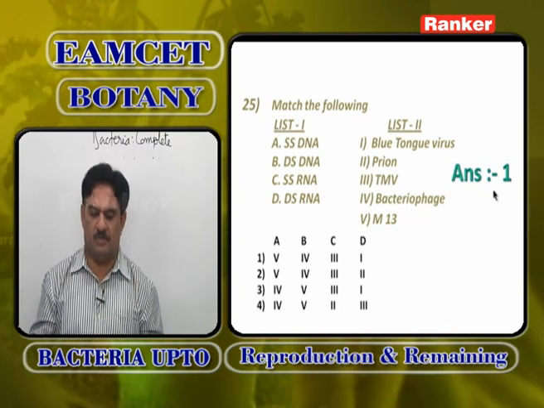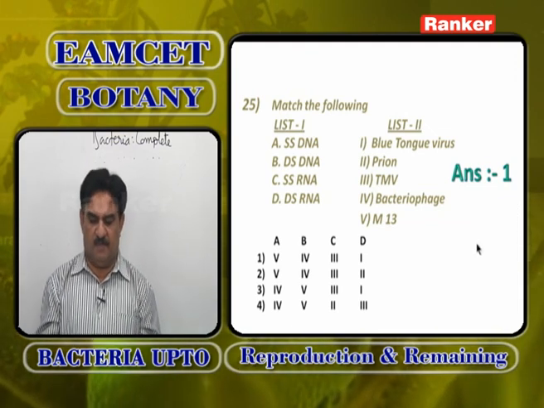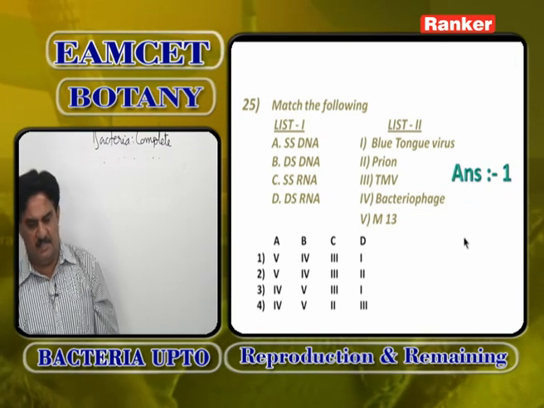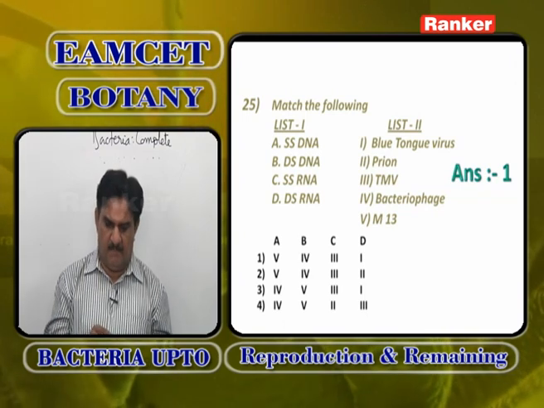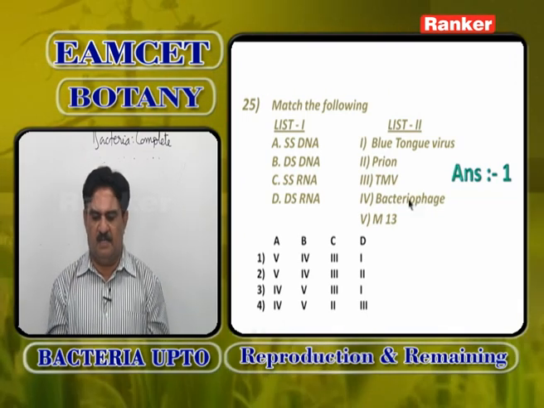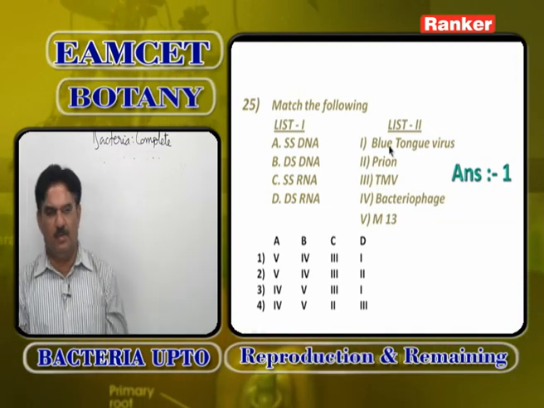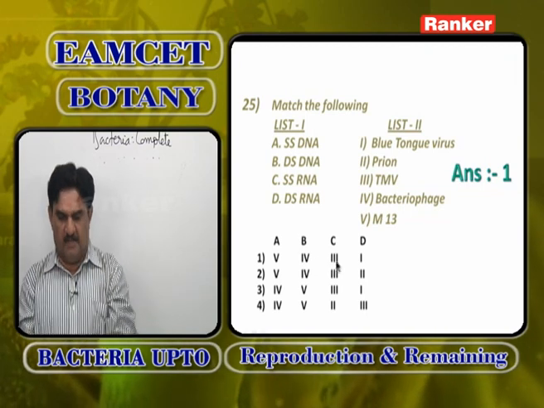Prion shows only capsid protein coat, it does not have any DNA, so no question of comparison with single stranded or double stranded, either RNA or DNA. So, single stranded DNA M13 bacteriophage, double stranded DNA bacteriophage, single stranded RNA tobacco mosaic virus, double stranded RNA blue tongue virus: A5, B4, C3, D1.